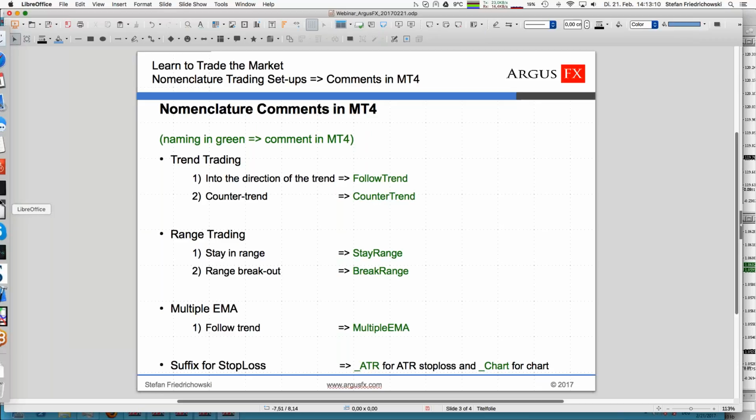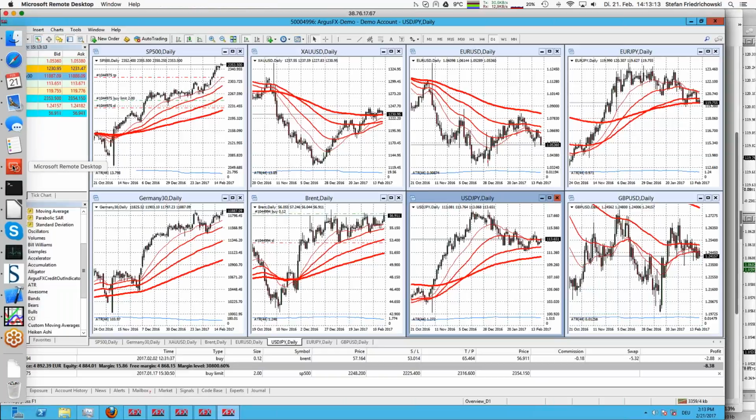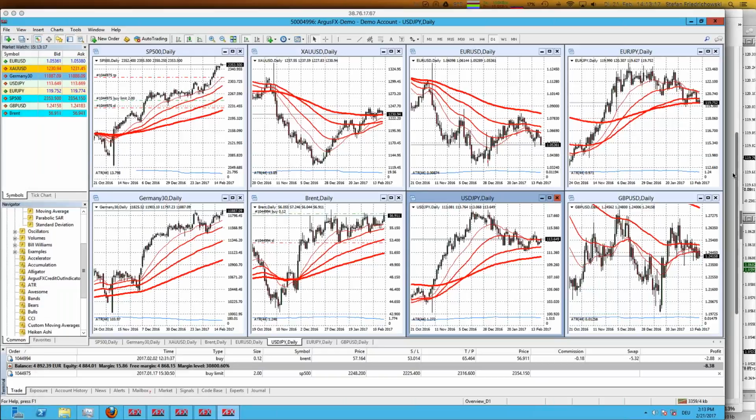Good. So let's start with MT4, and you can immediately realize, just by looking at that single screen here, those opportunities which follow the trading setup multiple EMA.